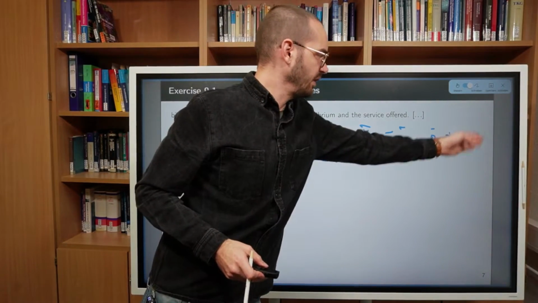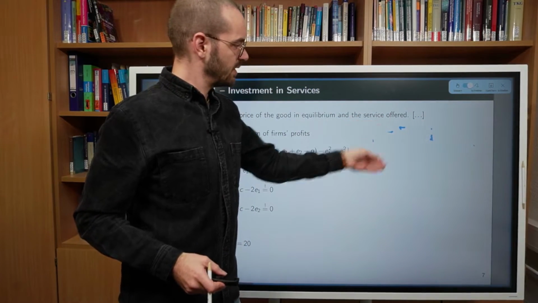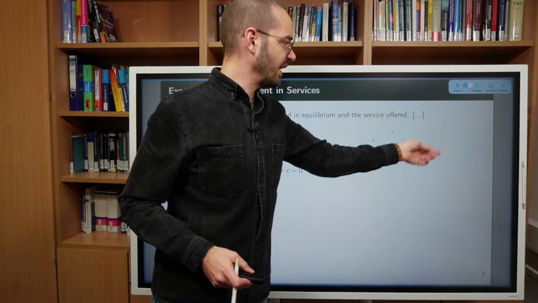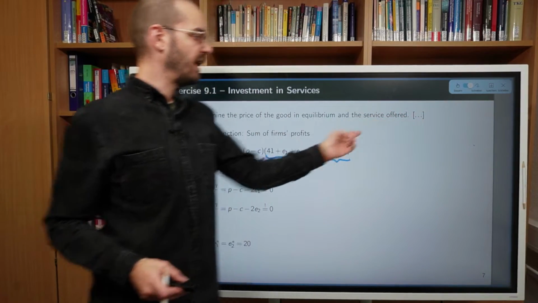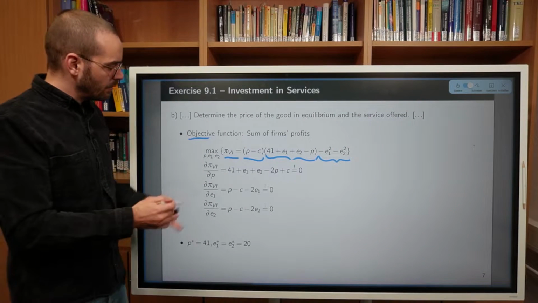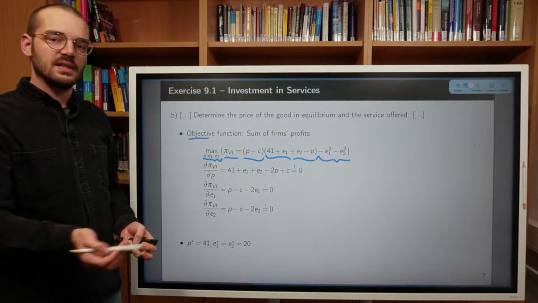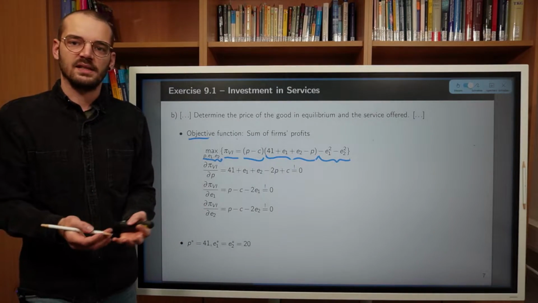Now that we have found and understood the profit function of this vertically integrated firm, let's find the market equilibrium by finding the profit maximum of this firm. This firm now has three strategic parameters it can choose in order to maximize its profits.